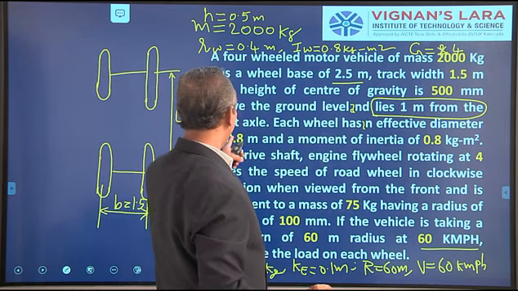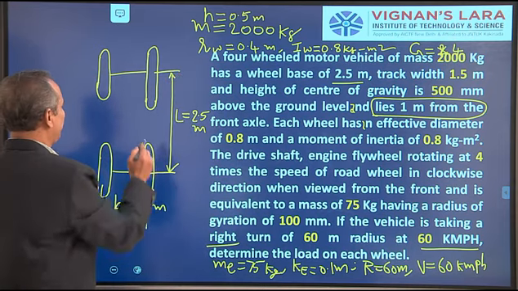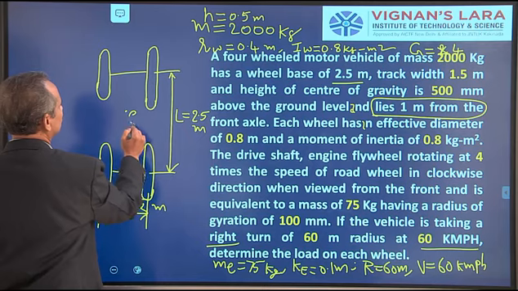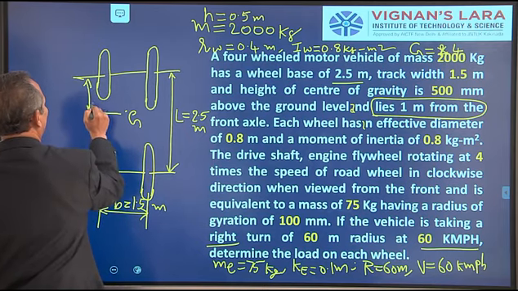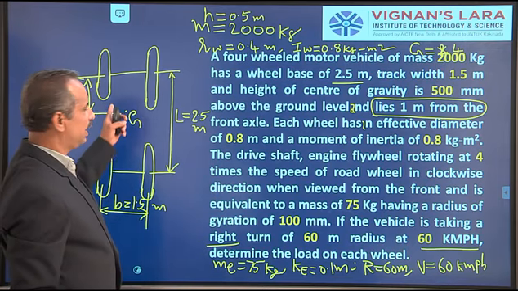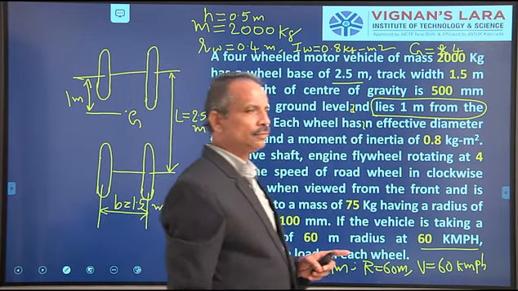It is 1 meter from the front axle. The total is how much? 2.5 meters. So the center of gravity is 1 meter from the front axle. So that is available here.